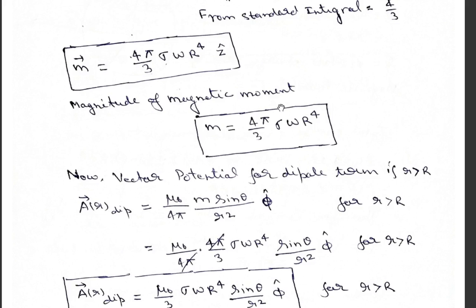If we substitute the value of the magnetic dipole moment due to a spherical shell, this will give μ₀ upon 4π times 4π upon 3 σ ω R⁴ sin θ upon r² φ unit vector. So this 4π will cancel out, and if you see the direction of the vector potential here, it is the φ unit vector. Why is it so? Because the spherical shell is rotating.